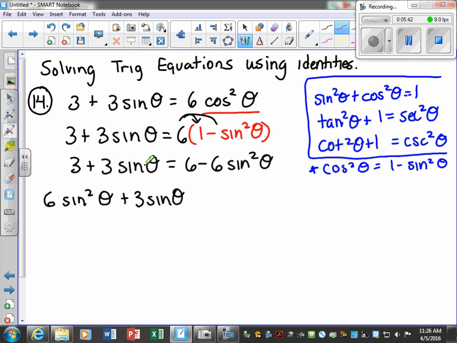Then I have this one. Now if I subtract 6 over here, what's 3 minus 6? Negative 3. Okay, so one more time, let me say where I add 6 sine squared to both sides, so that would give me a positive. I bring this one down, subtract 6, let me just show that. So if I were to subtract 6 from both sides, 3 minus 6 would give me a negative 3 on this side.